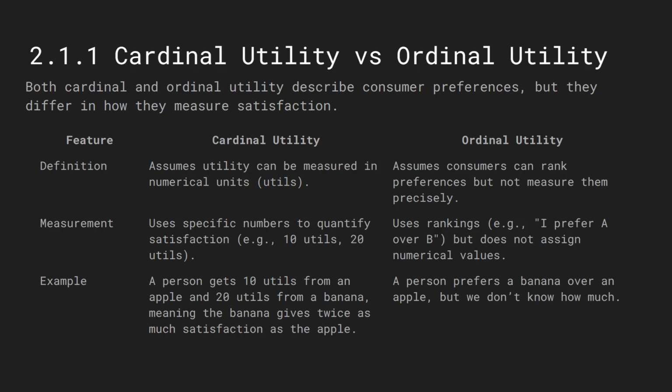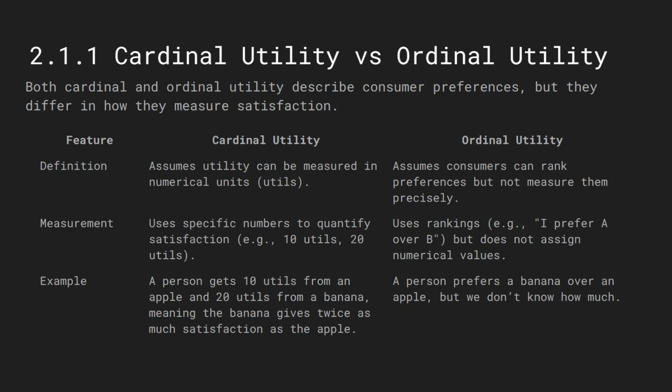For cardinal utility, we use a measurement to quantify our satisfaction, and that is utils. And in ordinal utility, we do not assign any numbers to them. Like I just prefer tea over coffee, but we do not assign numerical values when we are talking about ordinal utility.